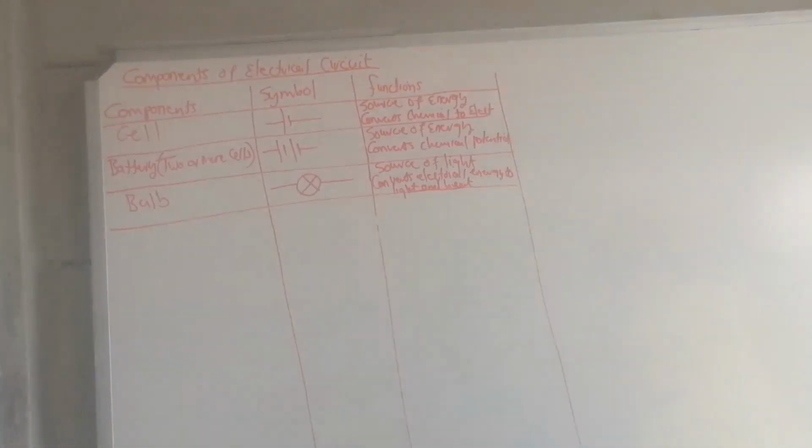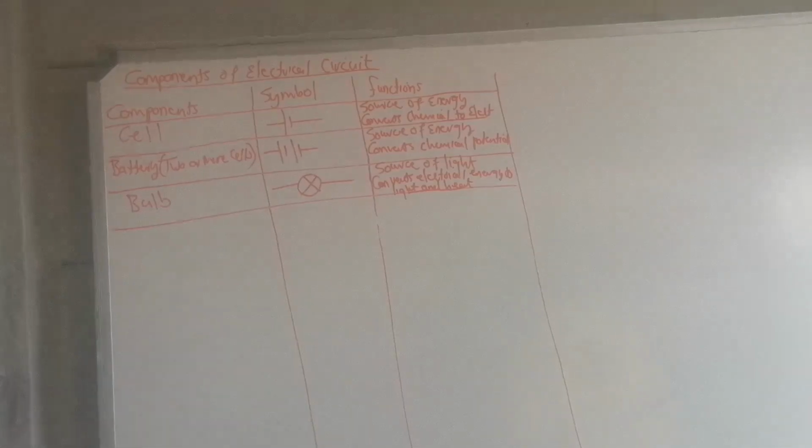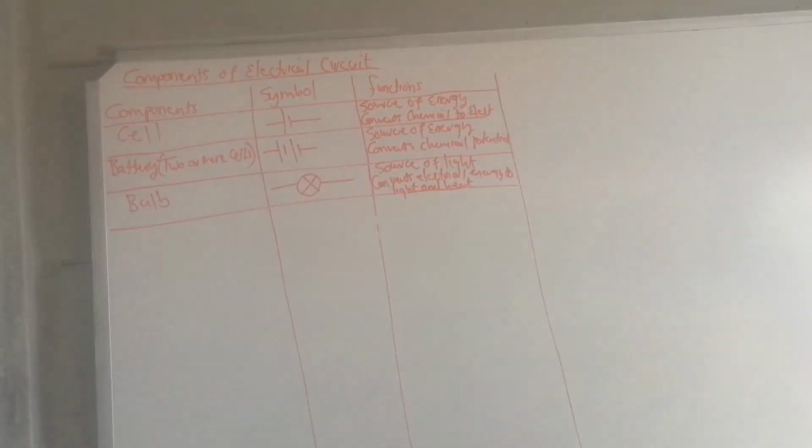We are saying that they are energies because everything you light up, it shows energy. Everything you heat up, it shows energy. That is why we are saying that the bulb is a source of light, because when current passes through that, it glows.